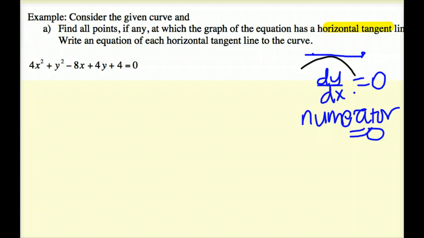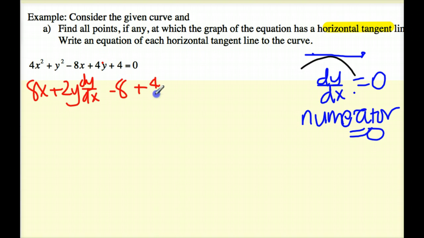So if I take this derivative, I get 8x plus 2y dy/dx minus 8 plus the derivative of 4y, which is 4 times dy/dx, plus 0 is equal to 0.